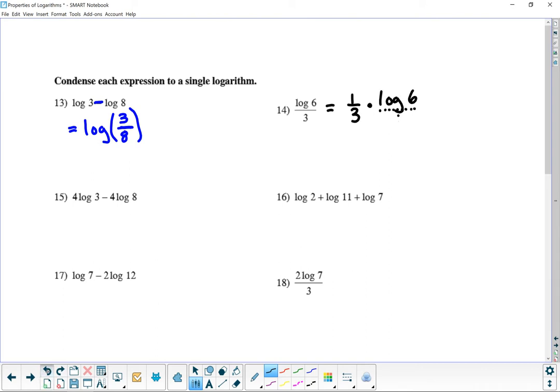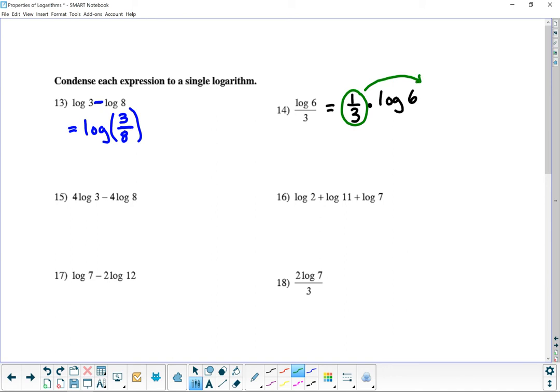So with this, I'm going to go ahead and utilize the power rule. The power rule says, I'm going to use green on that, and this is the other direction of how the power rule can go. If you have a product being multiplied to a log, you can bring it in as an exponent.